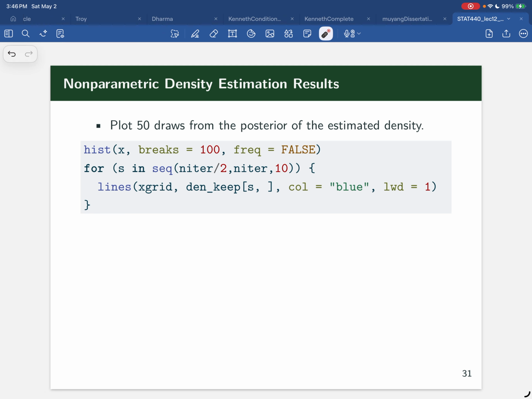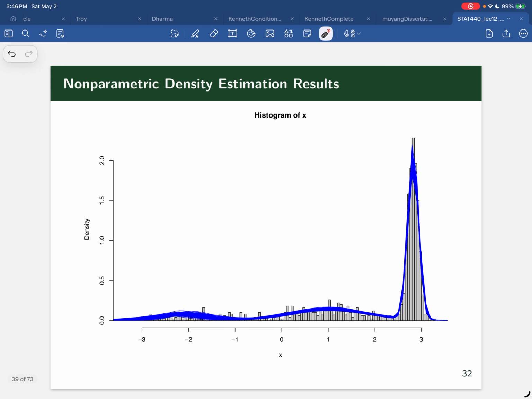And now we're going to do this 2,000 times. Each time gives us a realization of our mixture density. This figure here shows 50 realizations of that mixture density. And you can see that it seems to get it pretty right.